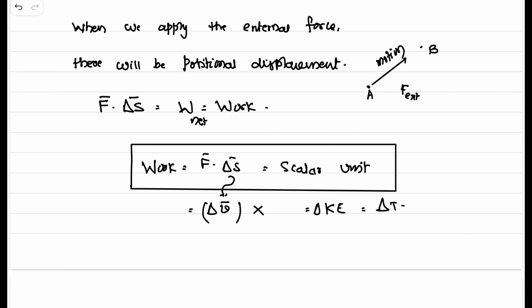Then, whatever displacement has taken place from A to B, the change in position vector, displacement delta S, is related to the force applied in such a way that the dot product of force applied and the change in position vector gives rise to work.